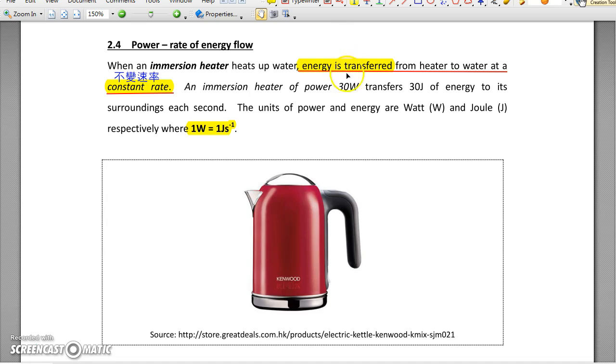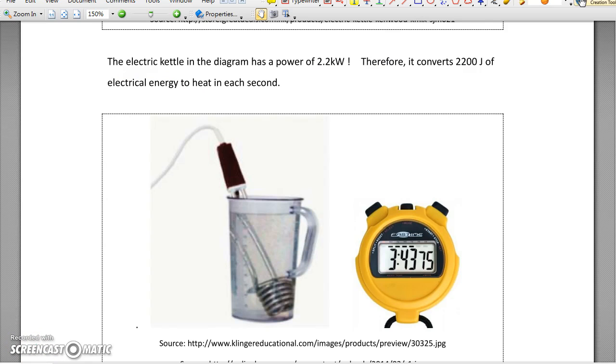For example, a 30 watts heater transfers 30 joules of energy to its surrounding in each second. W stands for watt, which is the unit for power. And you can see the power of an immersion heater tells you how much energy can be transferred in each second.